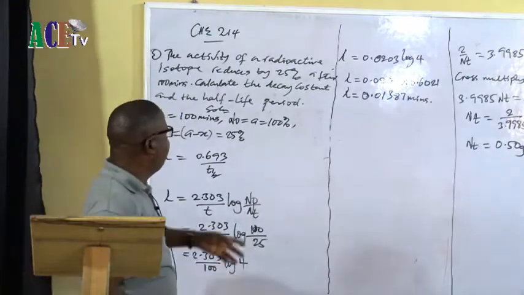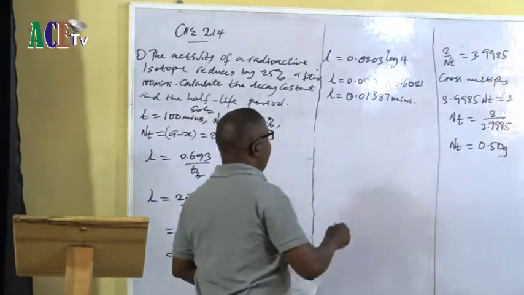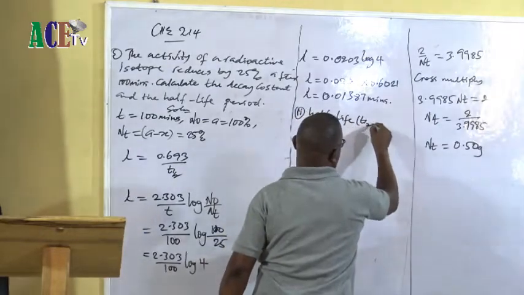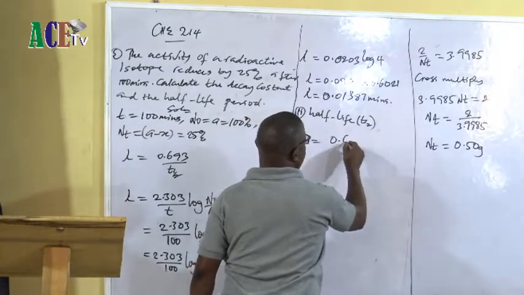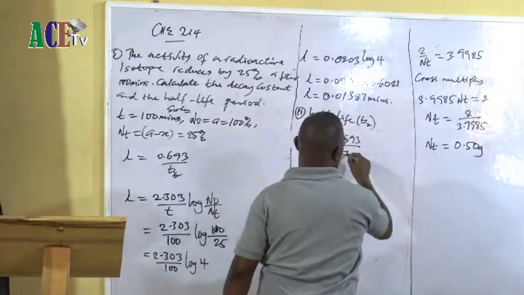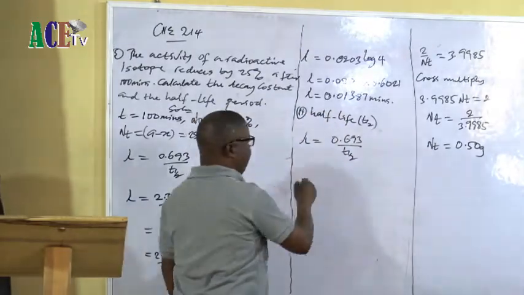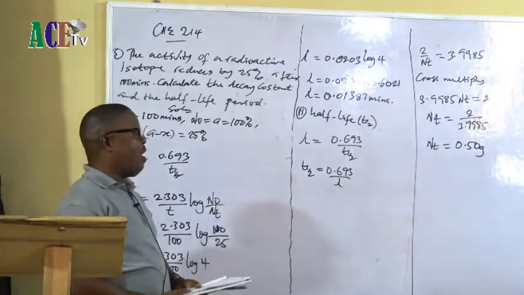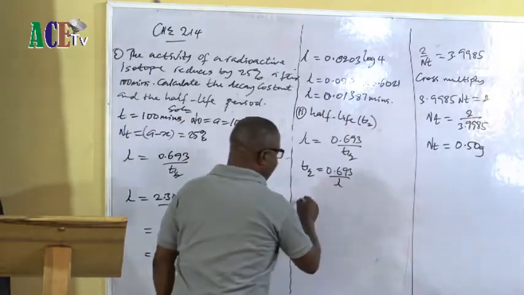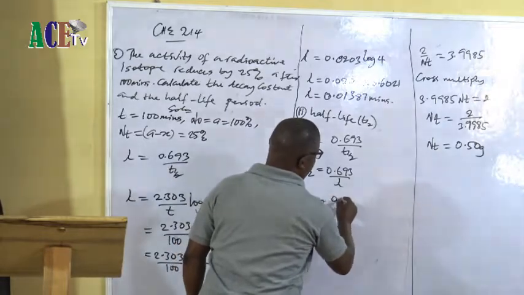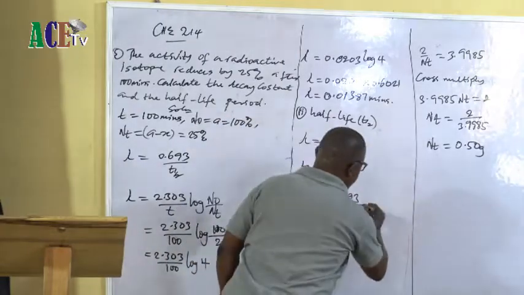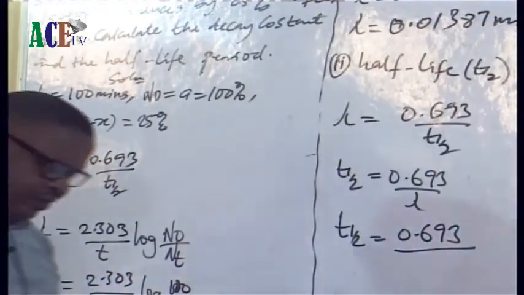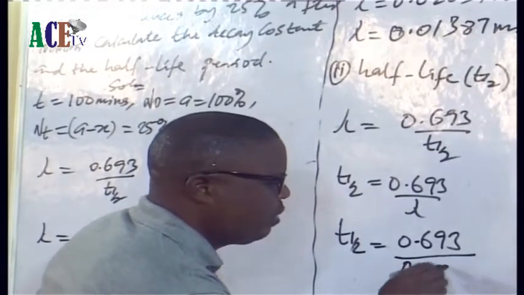Now, another question says we should calculate the half-life period. Half-life, which is T half. We have our lambda equal to 0.693 all over T half. That means our T half is equal to 0.693 all over lambda. We have calculated lambda to be 0.01387.